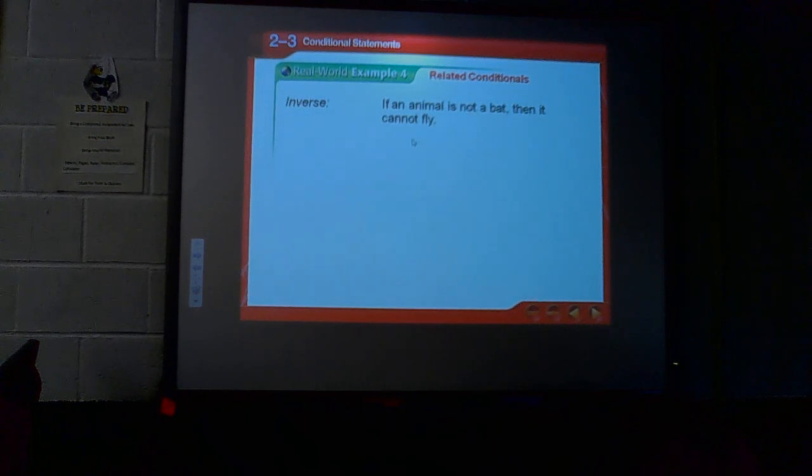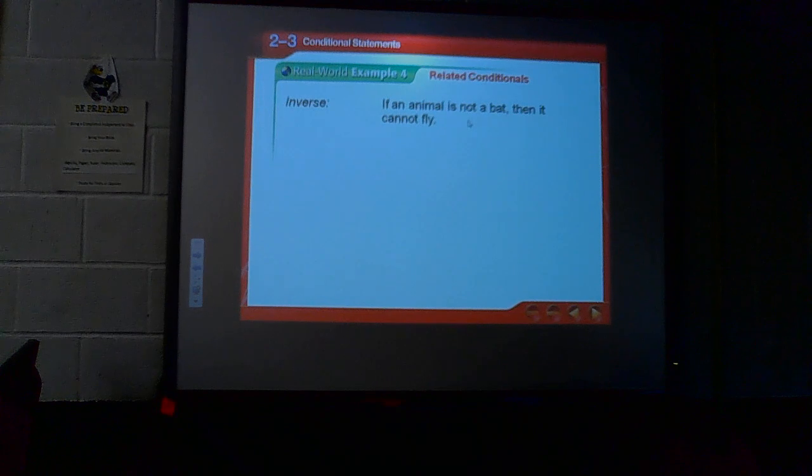But remember, the biggest part of this is to go back to the original conditional. After you've written it, the writing should be pretty simple. You're just following the rules. But now you have to stop and think again. If an animal is not a bat, then it cannot fly. Think about another animal.